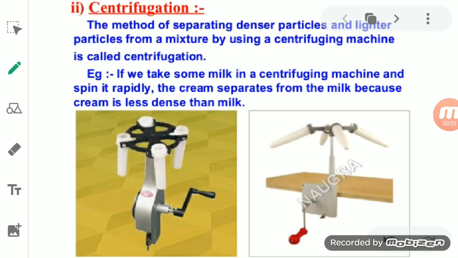Now we will start with the next process by which we can separate the solid and liquid components from each other, and that process is known as centrifugation. Centrifugation is a method by which we can separate the suspended particles of a substance from a liquid, in which the mixture is rotated at a high speed in a centrifuge.